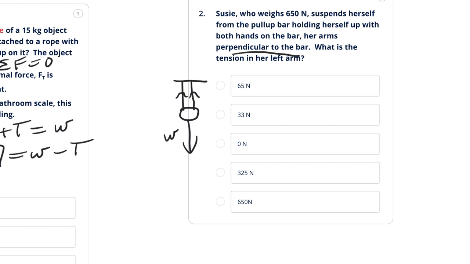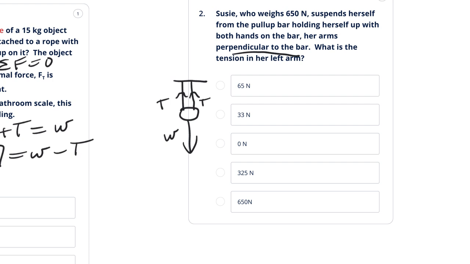You can assume that each of these tensions, it's like the chains in a swing. If you're sitting on a swing, the 2 chains each supply what? Half the weight.